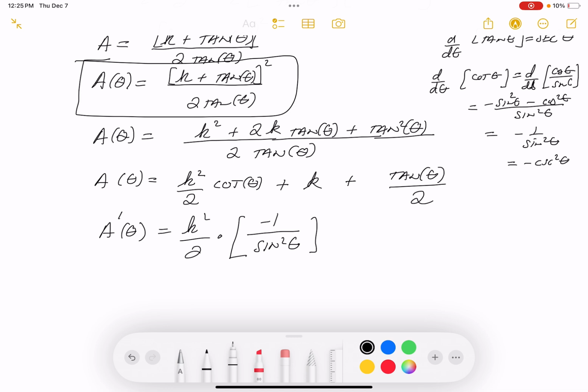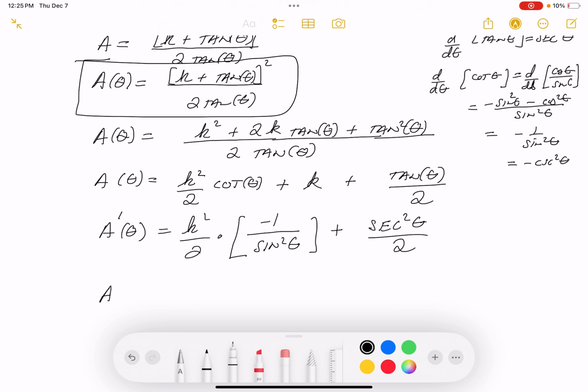The derivative of k with respect to theta is 0. K is a constant. And the derivative of tangent is secant squared, so plus secant squared theta over 2. Let's clean this up a little bit and make sure I didn't make any mistakes. No, I don't think so.